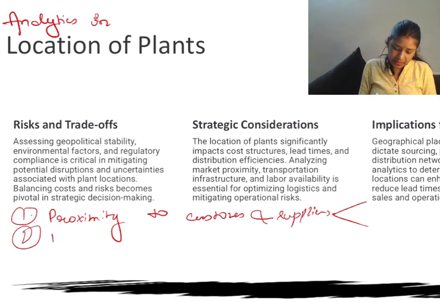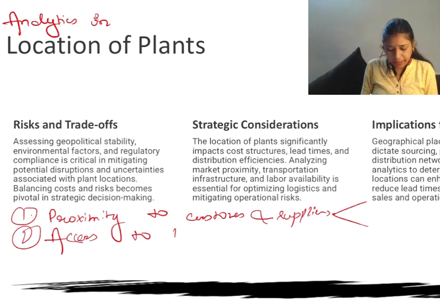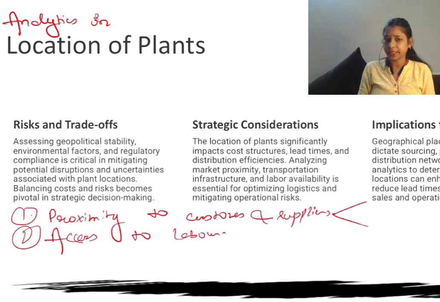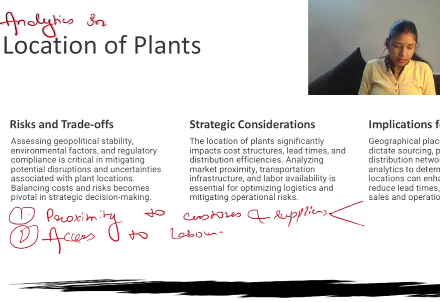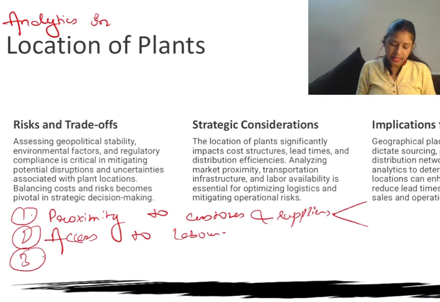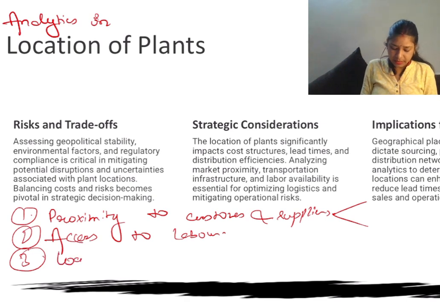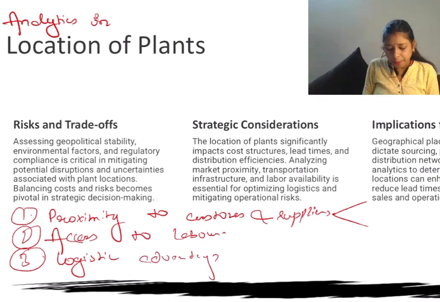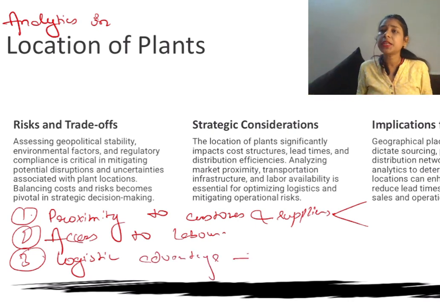Also, it should be at such a location that there is proper access to the labor market. So quality labor should be available at a competitive price, right? Next is logistic advantage. This we have already discussed. Logistic advantage means that there should be a proper transportation hub available near the manufacturing plant.